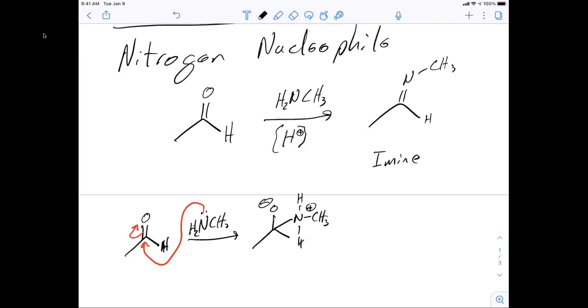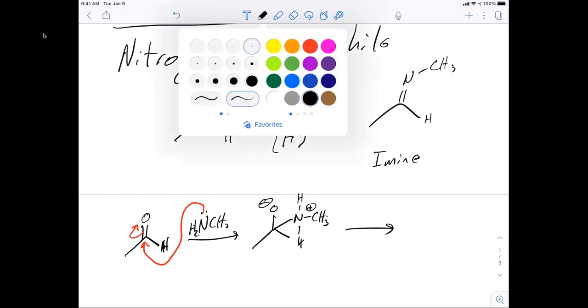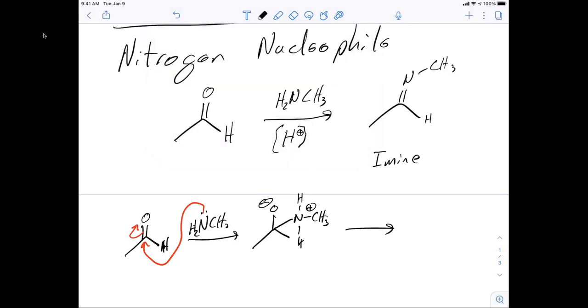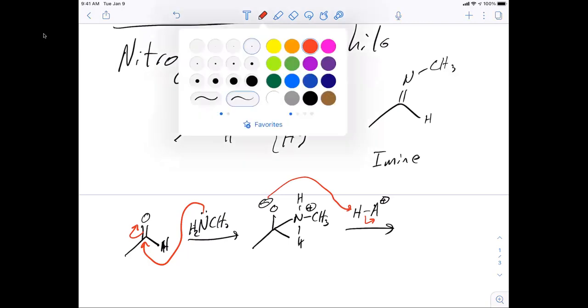We end up with this zwitterion type species where we have a plus and a minus in the same one. Now we can get a proton transfer to a different molecule, which is probably more correct. So let's go ahead and show that. Sometimes the book will show it in the same molecule. That's acceptable. I like to show it with something else.